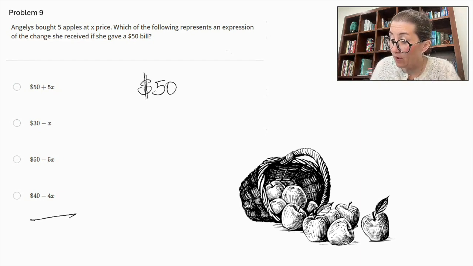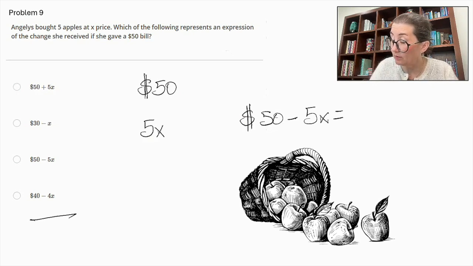She bought 5 apples at X price, so that's 5X. What is her change? Very simply, $50 minus 5X is equal to the change that Angeles received.